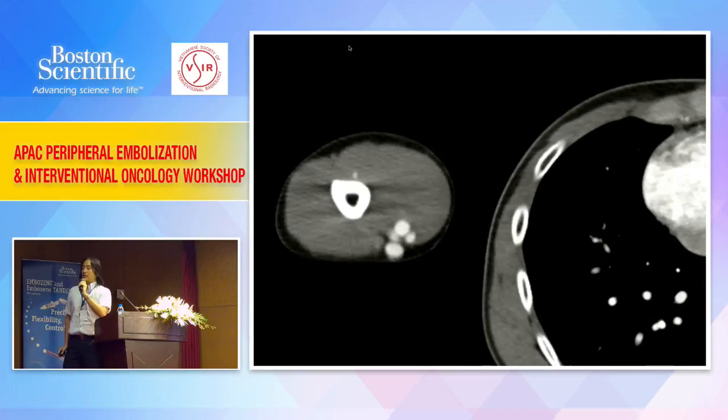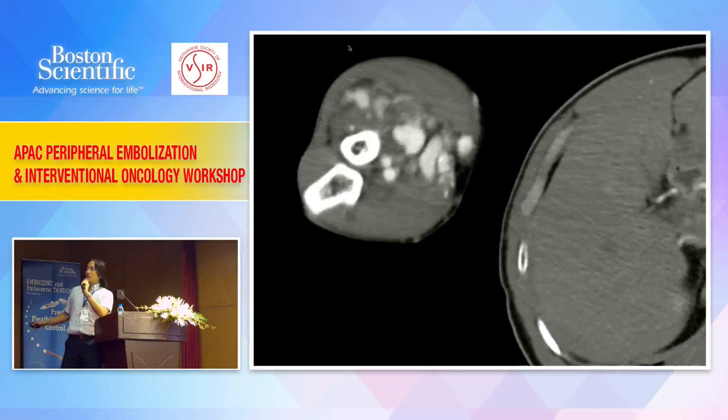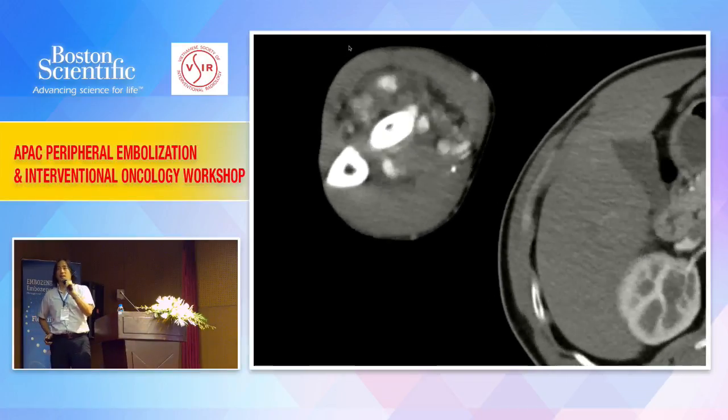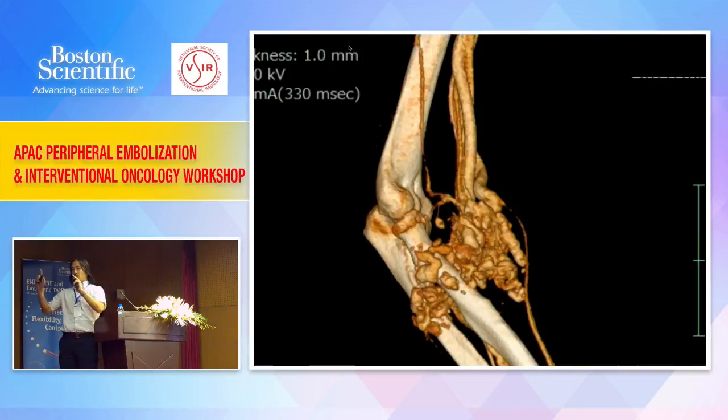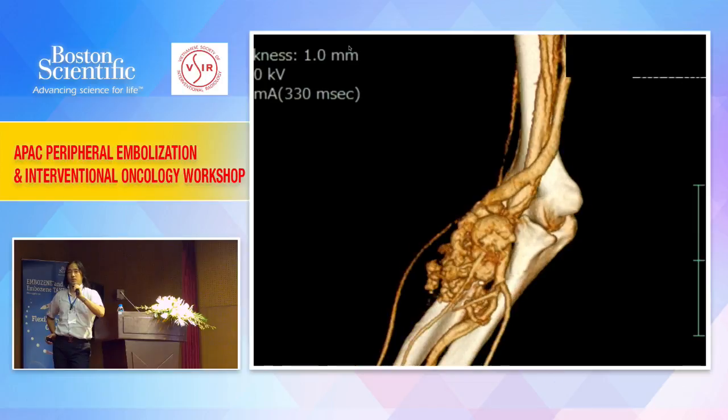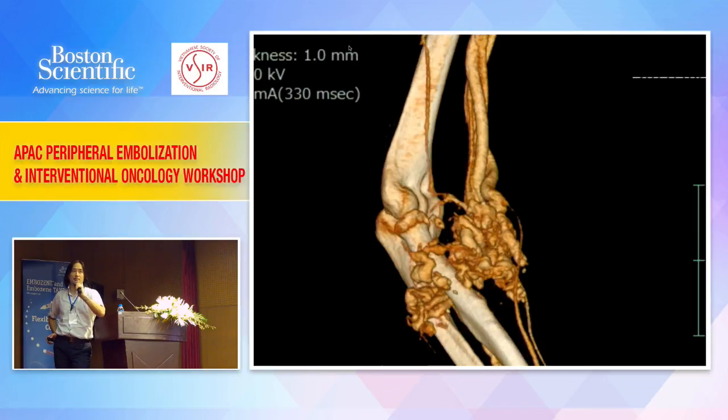You can see the abnormal dilated vessels around here. CT is useful to grasp the whole feature, but it's not useful to recognize the nidus.